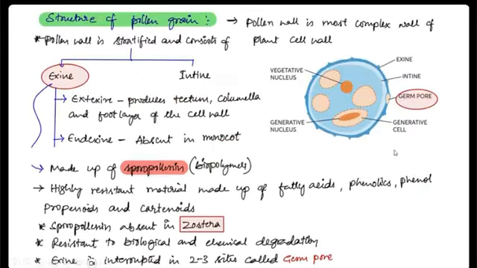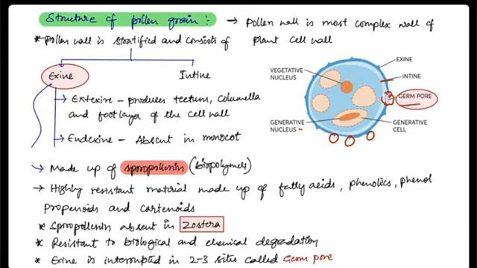So if you want to see the structure of this pollen grain, the outer part is exine and the inner part is intine of the pollen wall. On this outer part you can also see the spikes that are formed. And inside this pollen grain, you get to see the generative cell, germ pore, and also the vegetative nucleus.